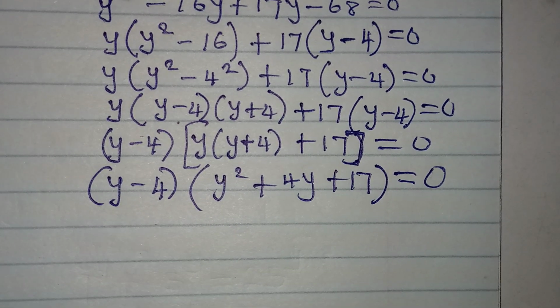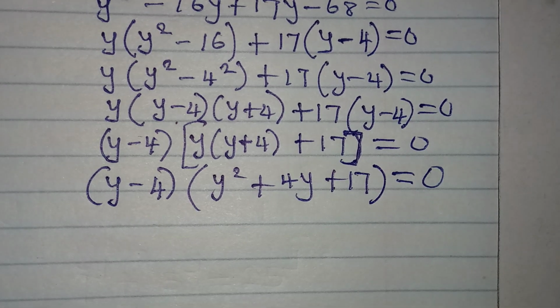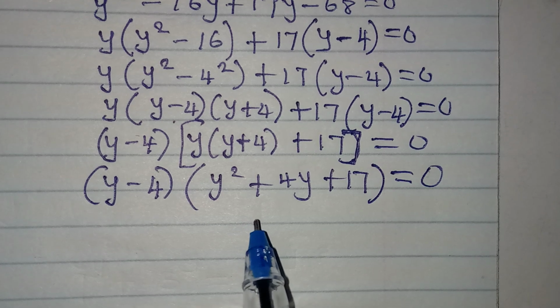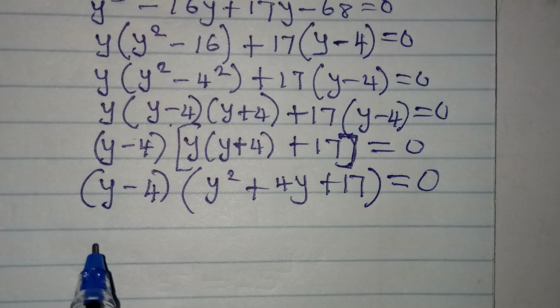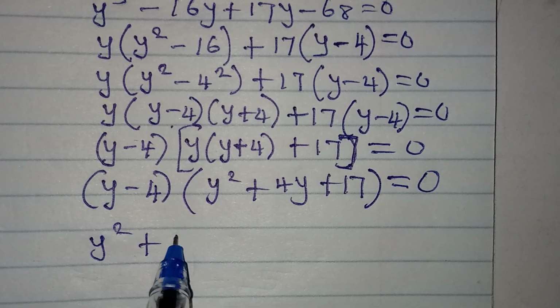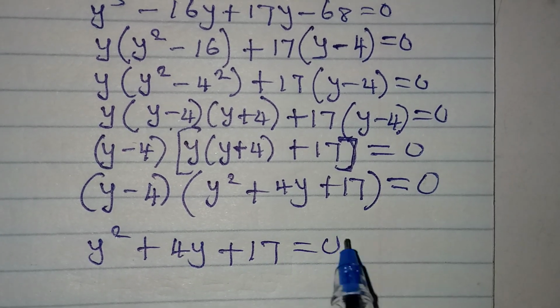Now we apply the zero product rule to solve this, meaning that either of these must be equal to 0. But a reminder is that we are looking for the real solution of x. So let's deal with this first, this quadratic. So we have y squared plus 4y plus 17 is equal to 0.